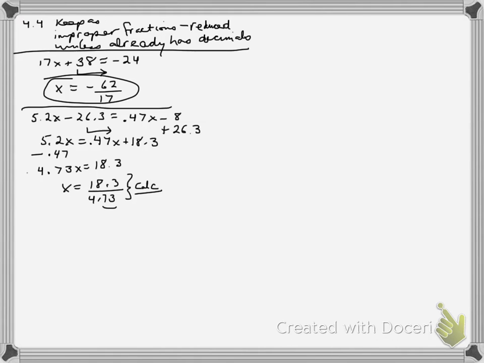Otherwise, because I have 2 decimals in the bottom, recall that my divisor wants to be a whole number, so I would move the numerator over 2 decimal places, getting me 18.30, and then I would go ahead and do my long division. But like I say, if you want to use a calculator at that point, please feel free to.